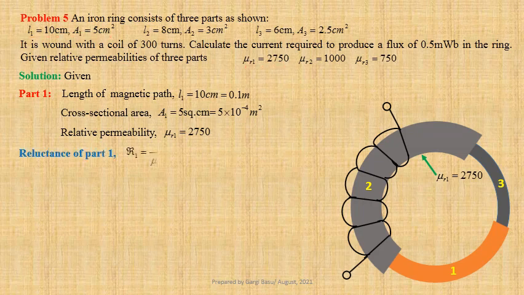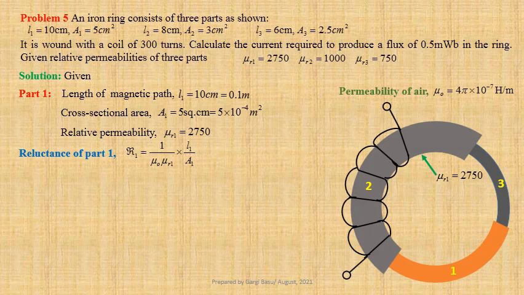R1 equals 1 upon μ0 μr1 into L1 by A1. We know that the value of permeability of air or free space μ0 equals 4 pi into 10 to the power minus 7 Henry per meter.